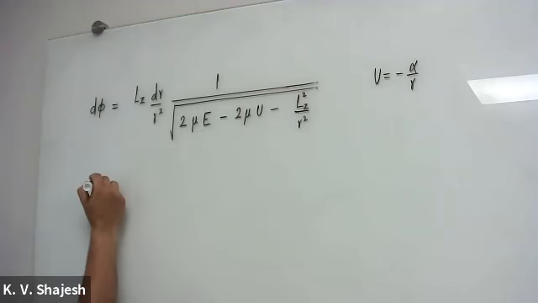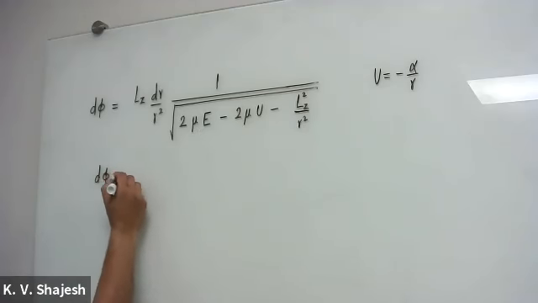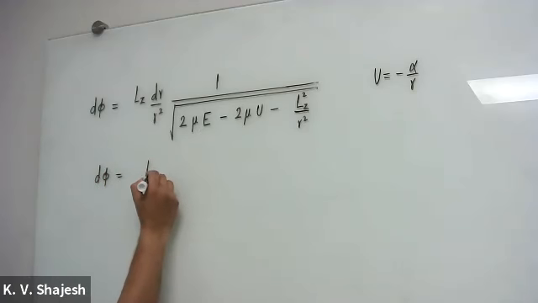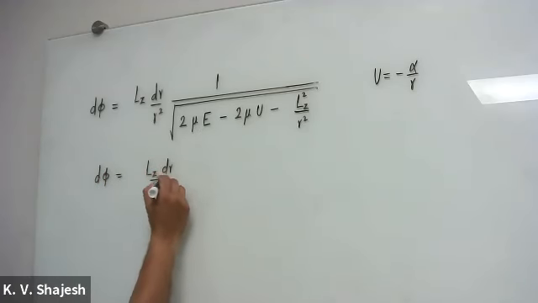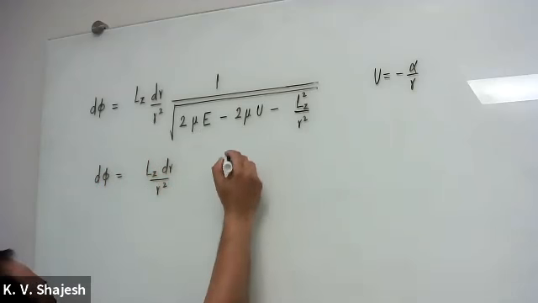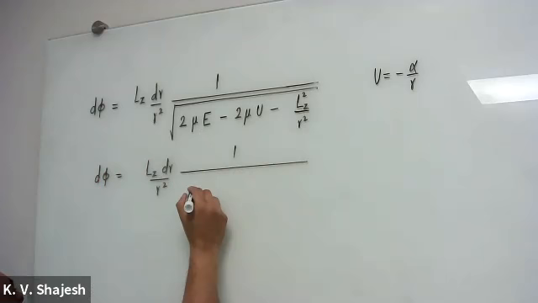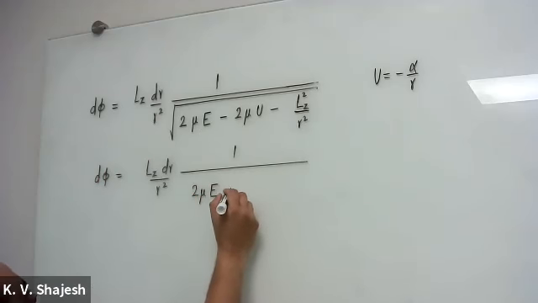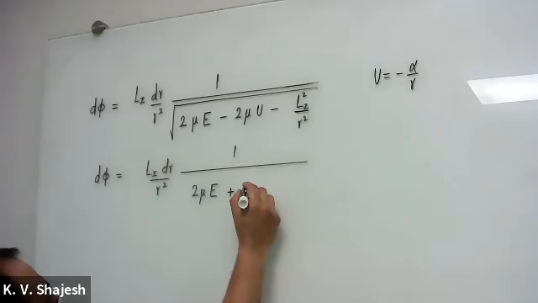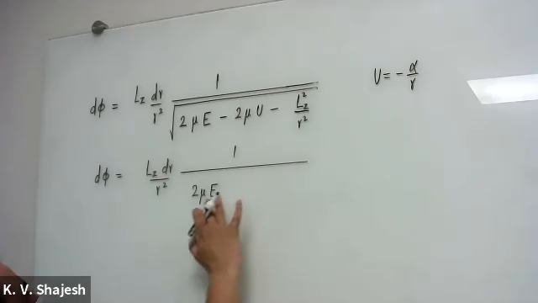So this is d phi is equal to Lz over r squared, 1 over the square root of 2 mu E plus 2 mu alpha over r minus Lz squared over r squared.